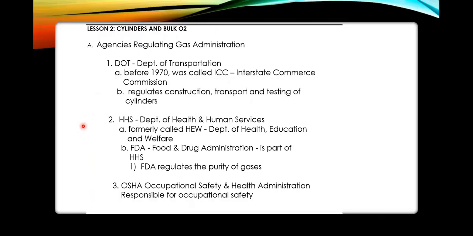Now, here goes the red tape, the bureaucracy when it comes to cylinders. Everybody has their hand in cylinders: production, transportation, storage, purity, testing, right? Everybody's got something to do with it. The agencies that regulate the gases include the DOT, the Department of Transportation.